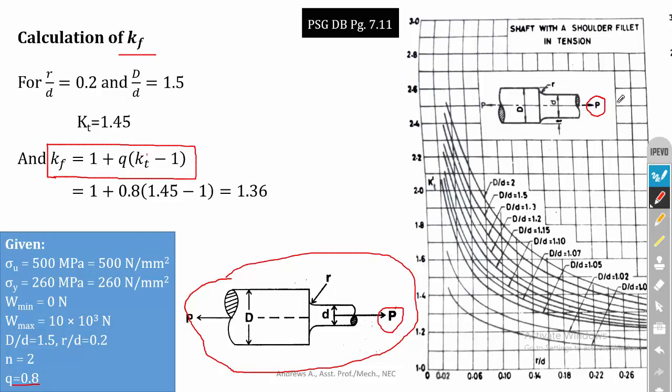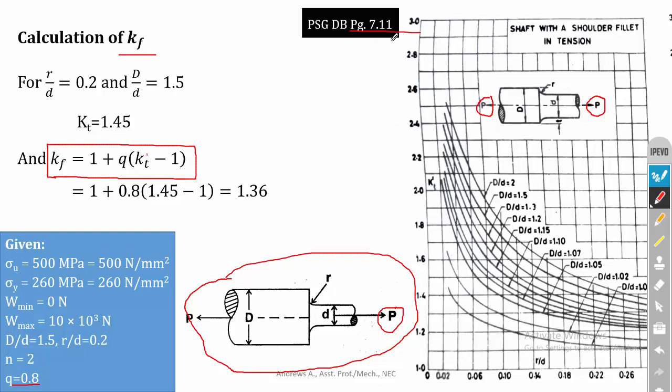Same kind of stepped shaft will be there for bending load and torsion load. You have to check the type of load also. So first thing you have to verify is the nature of cross section, and the second thing is the type of load. Okay, so here the nature of cross section is stepped bar and the type of load is axial load. So this graph you can take from PSG data book, page number 7.11.